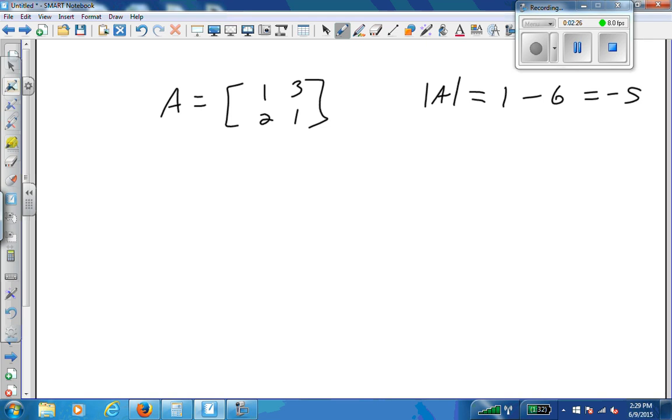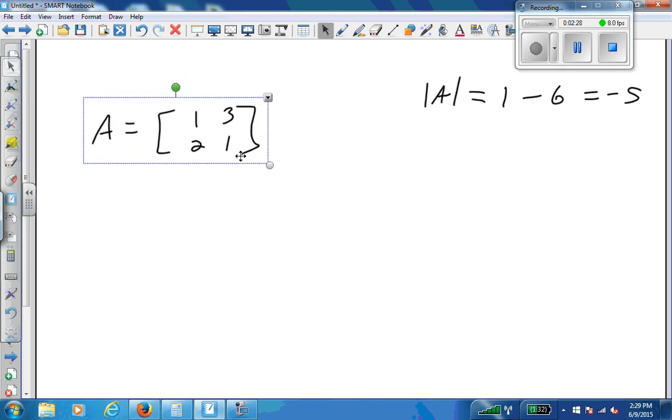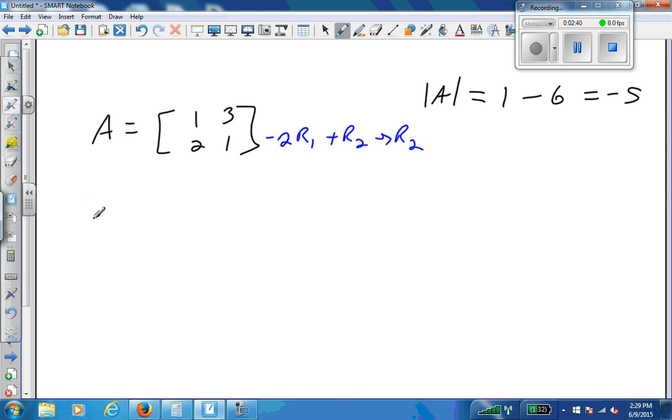Now, let's take A. Let's get a matrix that's row equivalent to it by taking -2 times row 1 and adding it to row 2 to get our new row 2. So our new matrix has the same first row, but if we do -2 times this plus this one, we get 0. -2 times 3 is -6 plus 1 is -5.